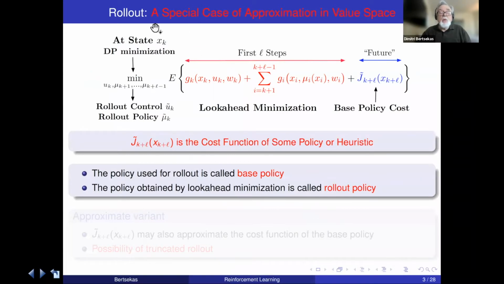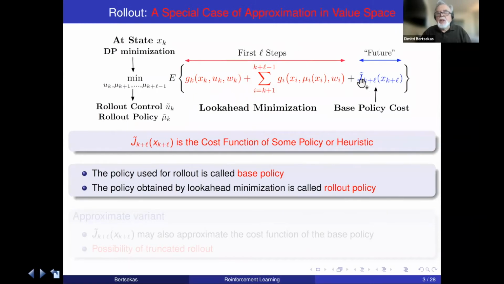The one thing that I want you to remember about the rollout algorithm is it's a special case of approximation in value space, our general umbrella scheme for online generation of controls. We have one-step look-ahead approximation in value space and the multi-step look-ahead.